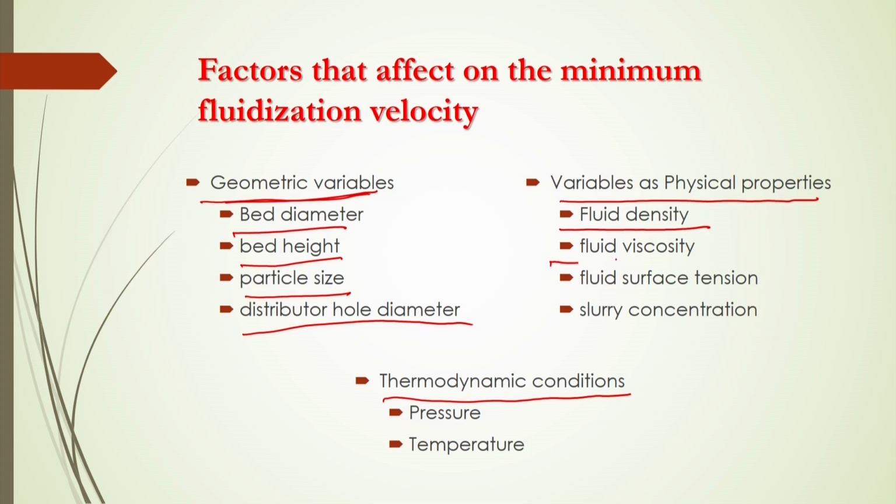Fluid density, fluid viscosity, fluid surface tension, and slurry concentration all affect the minimum fluidization velocity. Among thermodynamic conditions, at higher pressure the minimum fluidization velocity will be higher, and at lower temperature it will also be higher. So, these are the factors which affect the minimum fluidization velocity.